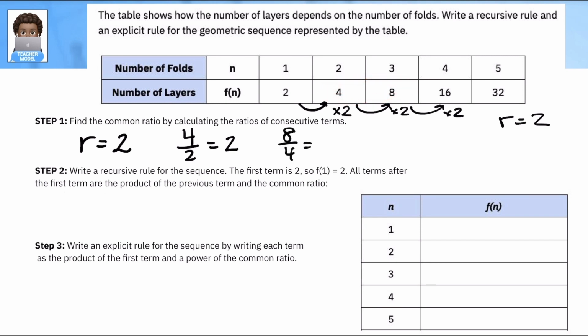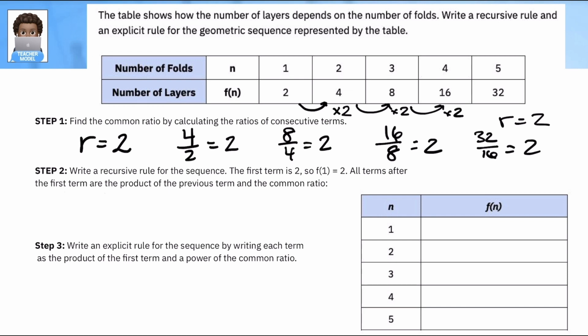And you can turn that into a ratio, and you can see the common ratio simplified is 2. And I could do that again. Sorry, 16 over 8 is 2, and the last one, 32 over 16 is 2. So you can see it does have a common ratio between them.